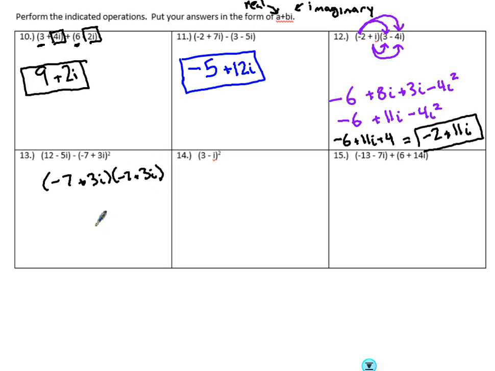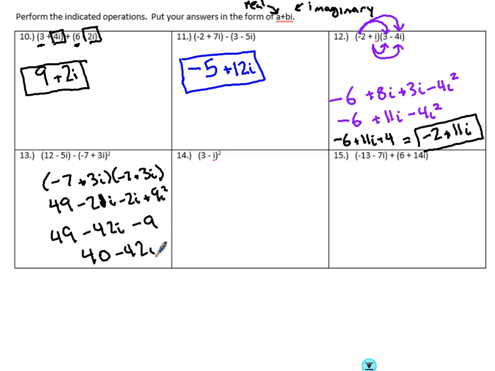So that's negative 7 plus 3i times negative 7 plus 3i, which is 49 minus 21i minus 21i plus 9i squared. So that's 49 minus 42i minus 9. So 40 minus 42i.